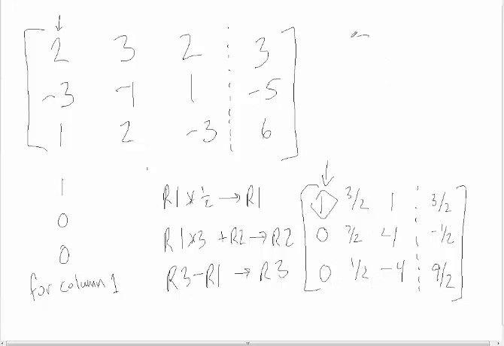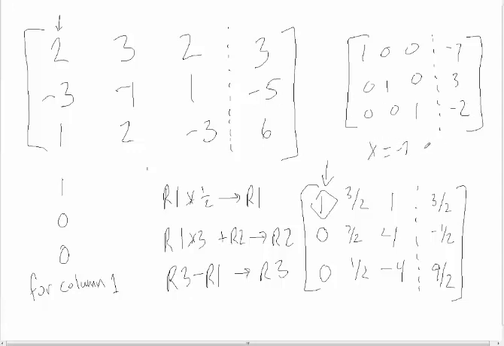And then one last thing we might do with Gauss-Jordan. What's the solution to a system of equations that has this final augmented matrix? Well, that's x equals -7, y equals 3, and z equals -2.